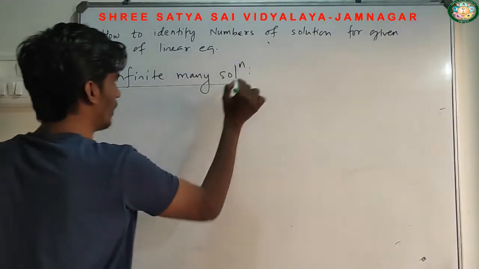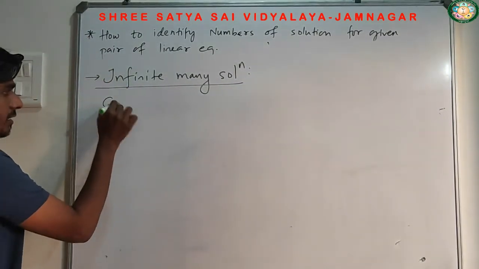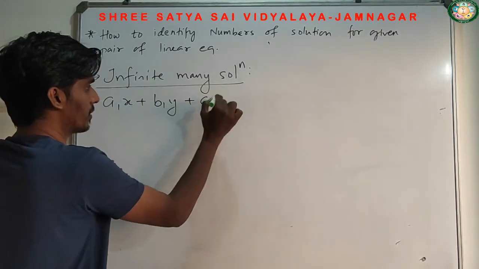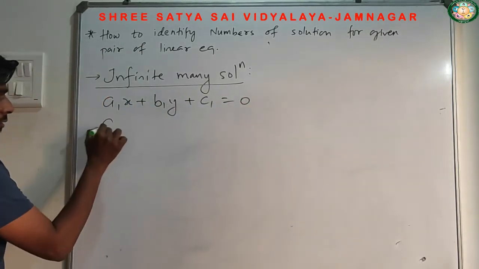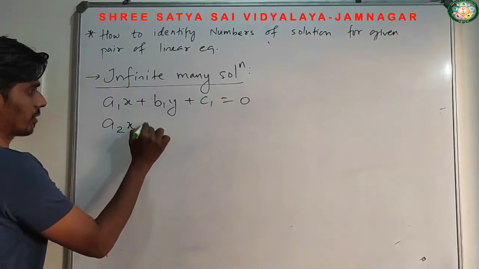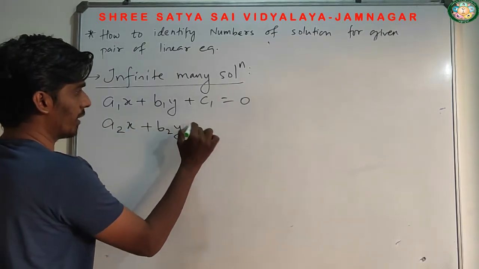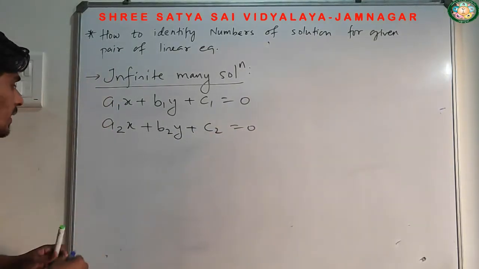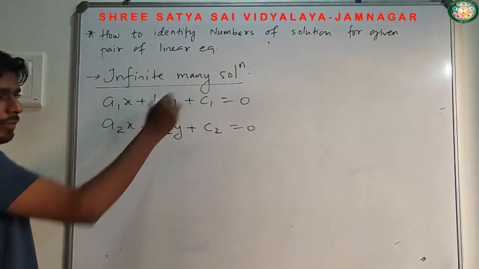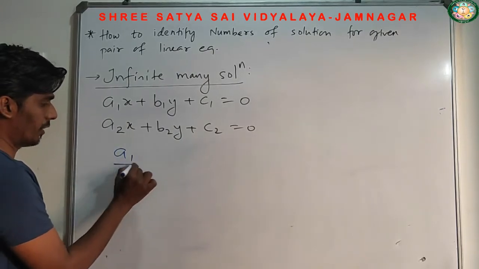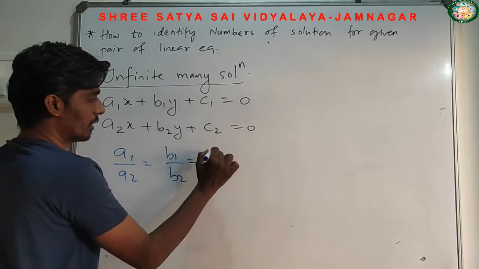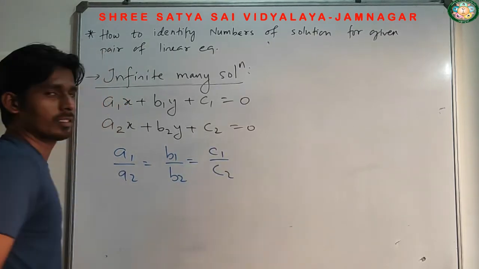Now the condition for infinite many solution, again two equations, a1x plus b1y plus c1 equals to 0, a2x plus b2y plus c2 equals to 0. The condition which you have to remember, that is always for infinite many solution, a1 upon a2 is equals to b1 upon b2 is equals to c1 upon c2.